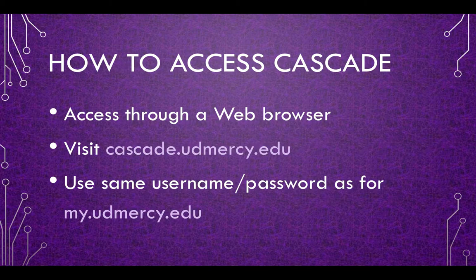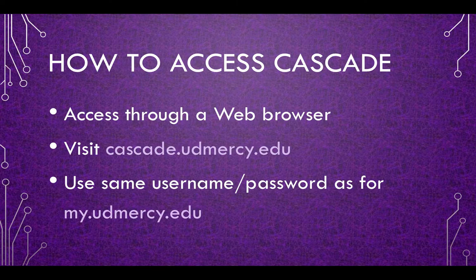To access Cascade, it's the same as before. You use a web browser. You go to cascade.udmercy.edu. And to log in, you use the same username and password that you use for my.udmercy.edu, the university's quote-unquote my portal.